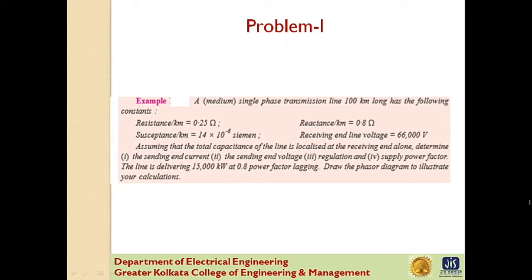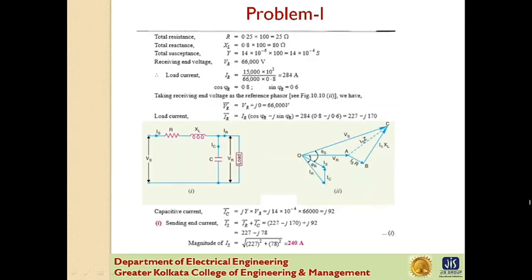Assuming that the total capacitance of the line is localized at the receiving end alone, determine the sending end voltage, sending end current, regulation, and supply power factor. The line is delivering 15,000 kilowatt power at 0.8 power factor lagging. Draw the phasor diagram to illustrate your calculation.